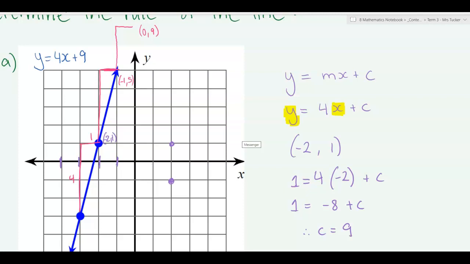What we probably do or possibly do is the last step that we did to try and solve for c.